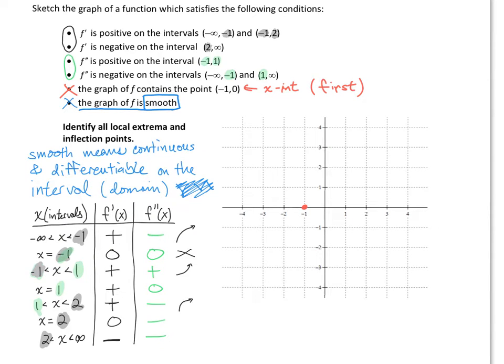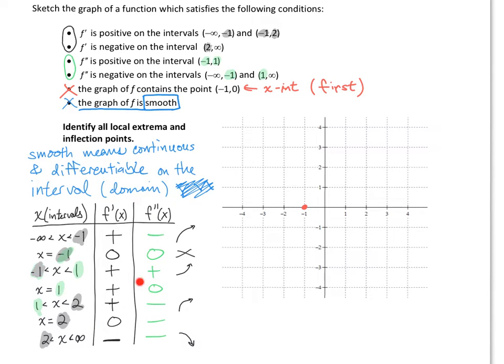So that'll be like this. And then the last one that we can deal with that has signs going all the way across is negative, negative, which means it has to be decreasing and concave down. So what goes on with this pair and this pair?